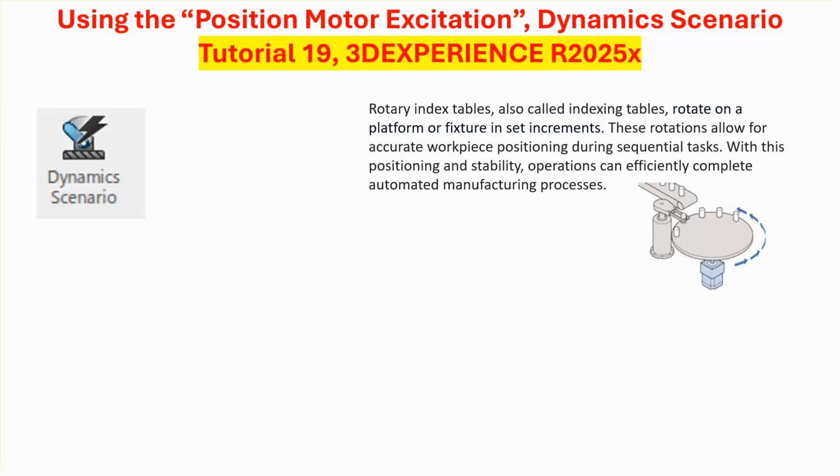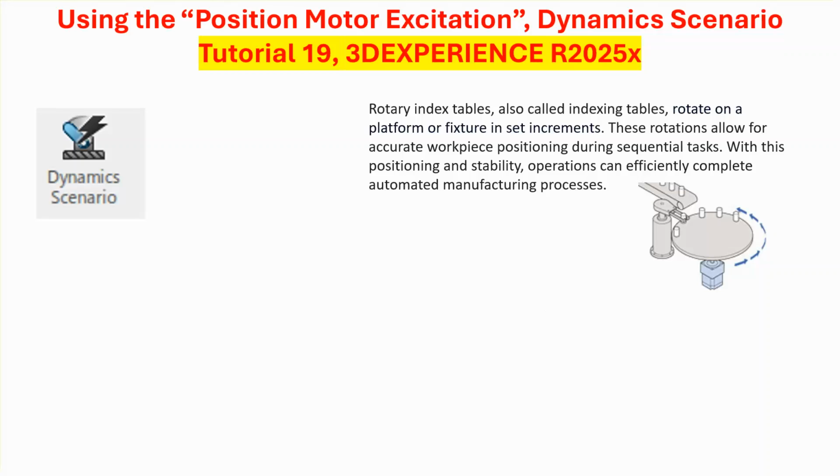Maybe you have a rotary index table which requires this table to move at specific angles during specific time, so that an operation is done on it. So this kind of tutorial and this kind of position motor excitation is geared toward the application that I have in mind there.